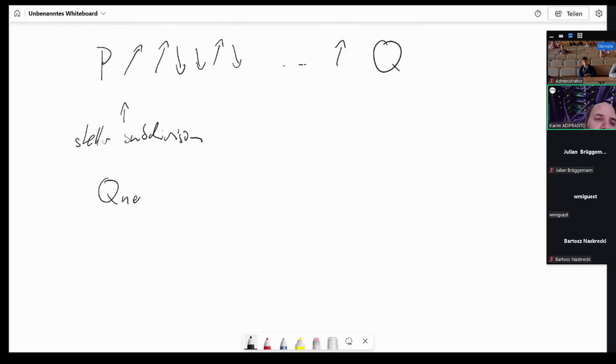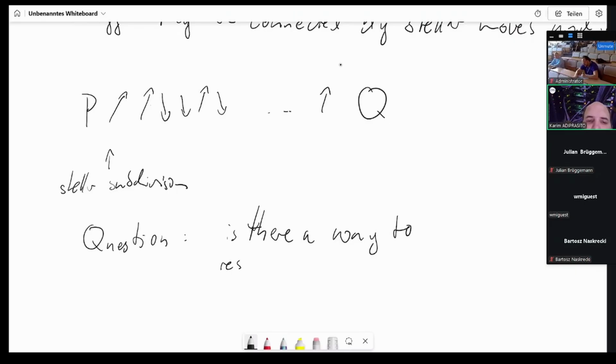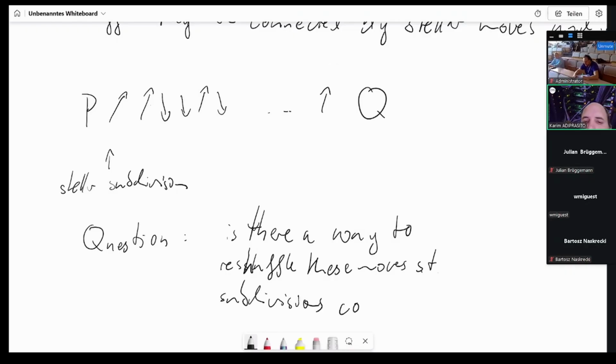So, question. Is there a way to reshuffle these moves such that the subdivisions come before the inverses?